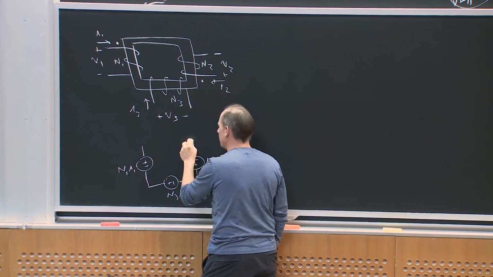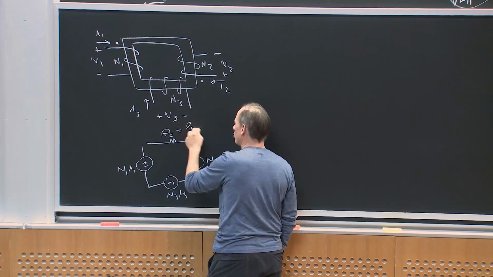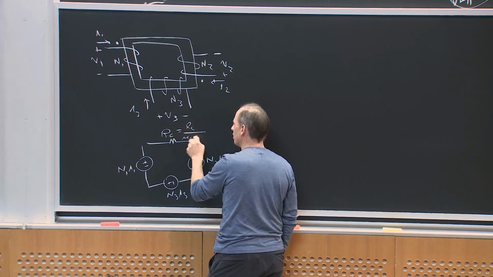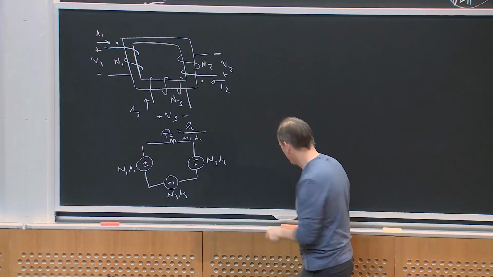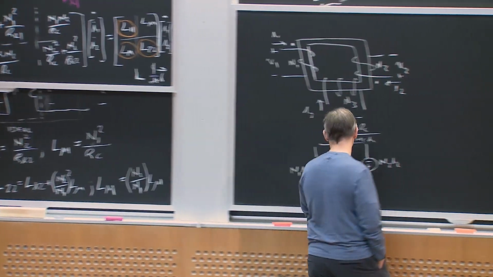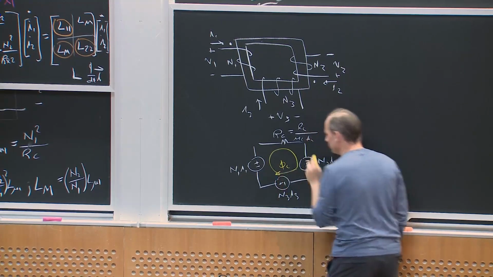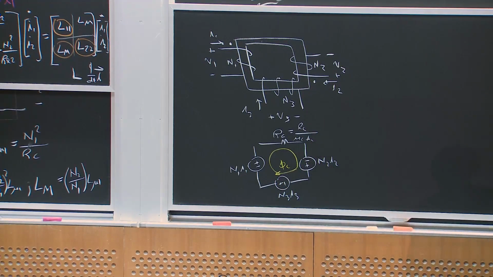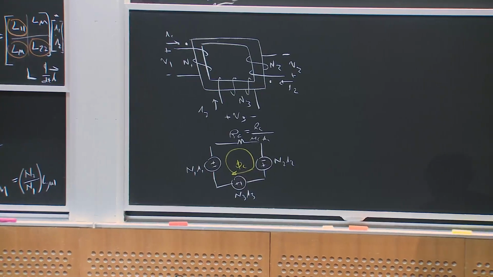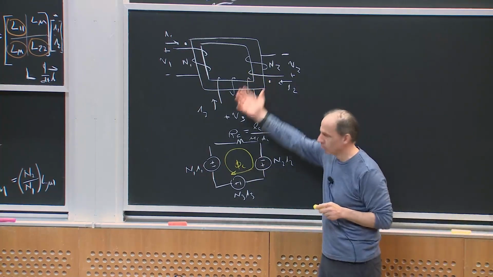And then I would have some reluctance of the core, which is equal to the length of the core over mu of the core, A of the core. And then I would have some flux in the core, which is doing this. So all I've done is added one more MMF source. What would be the terminal relations of this thing?